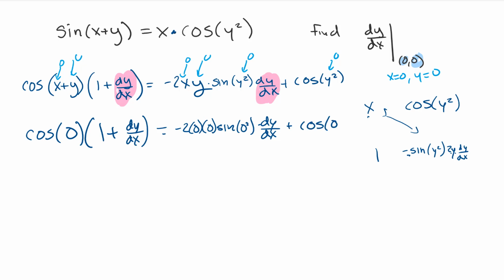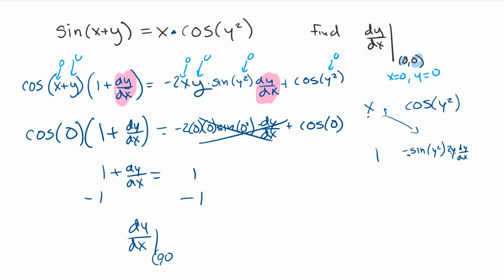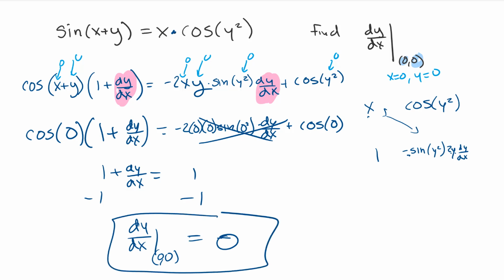And then we get cosine of 0, which is 1. So we're left with 1 plus dy dx equal to, well, all of that goes away because 0 times anything is 0, and cosine of 0 is equal to 1. We subtract over the 1 and find that dy dx evaluated at (0, 0) is equal to nothing. 1 minus 1 is equal to 0.